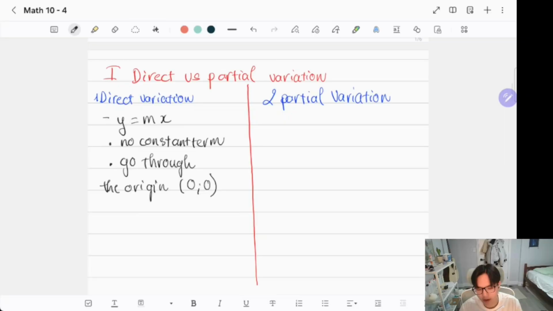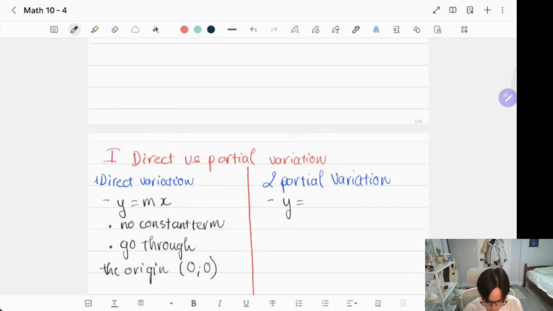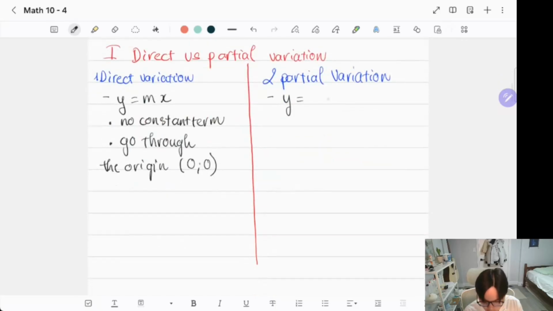So what about partial variation? It has the formula y equals mx plus b, where b is different from 0. We need b to be different from 0 in order to differ from direct variation.